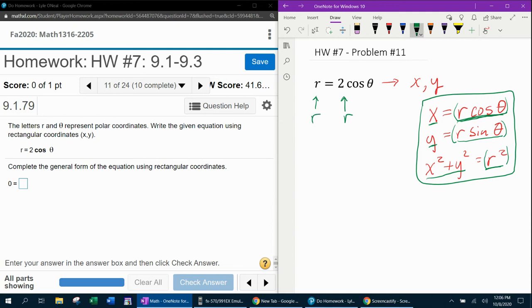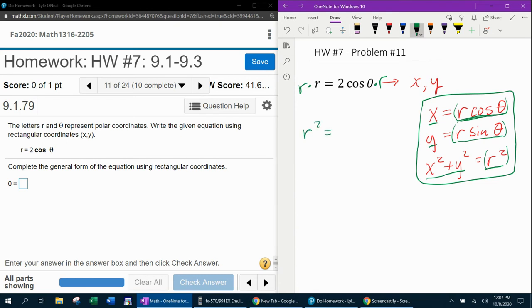So it's also missing an r. So what I can do that is mathematically correct is multiply both sides by r. So that's what we're going to do. We're going to multiply by r, and we're going to multiply by r. r times r gives me r squared.